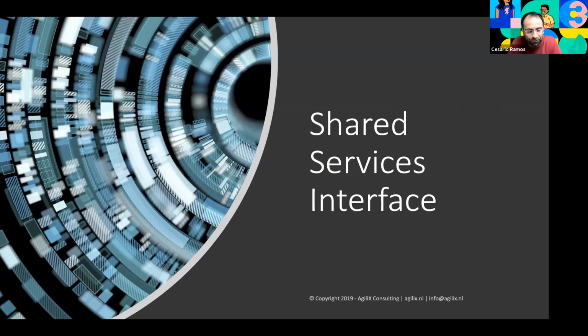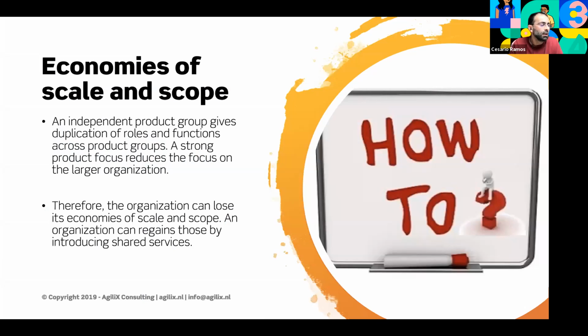So, shared surfaces. When you move to implementing these lean capabilities in combination with your strategic focus capabilities, what you normally are looking for is these product groups, which are large product groups, and we want to have them be independent.